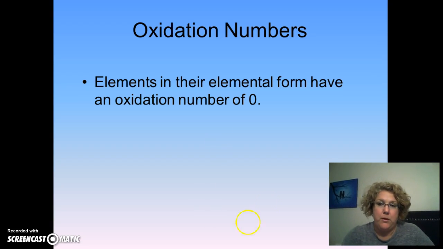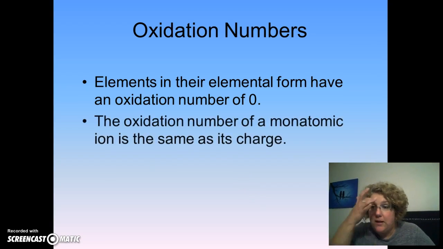So if you see a pure element by itself, even if it's bonded with itself, like O2, the charge is 0. Then if it's a monatomic ion, just like a sodium ion or an oxygen ion, those are the same charge as always. The oxidation number is going to be the charge you worked with all through Chem 1. So oxygen's -2, sodium's +1.